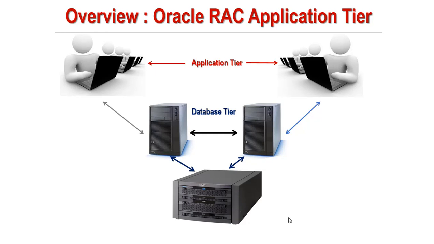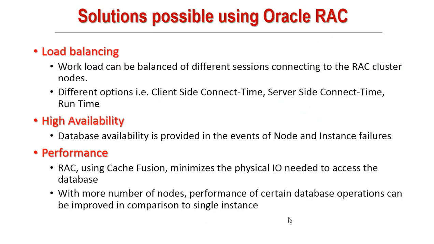So the requirement is that an application should be able to work without facing many issues, and should be able to do the work as transparently as possible from any error which might have come on the database side. So what are the possible solutions which Oracle Clusterware or Oracle RAC provides?